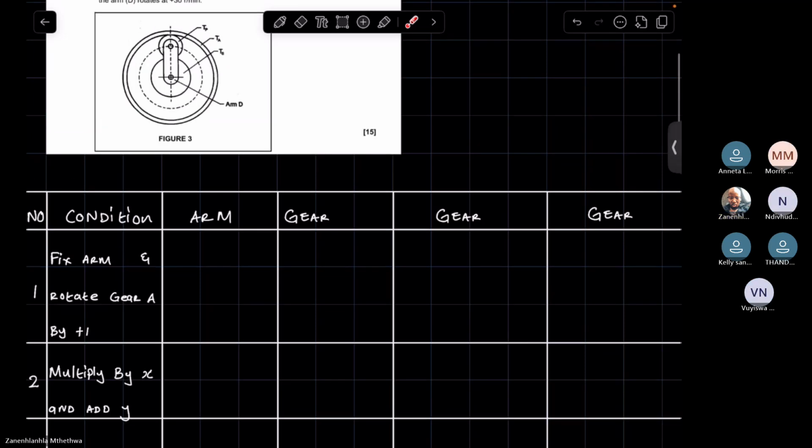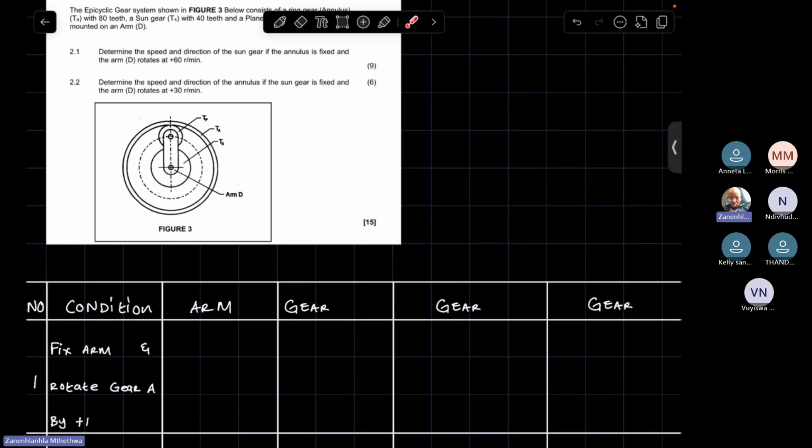So you get a case where you have a typical epicyclic gear system where essentially you have an annulus, a planetary gear, a sun gear, and the arm. But that epicyclic gear system also happens to be a compound epicyclic gear system, meaning that some of the gears, for the most part the planetary gear, are fitted with the same shaft.